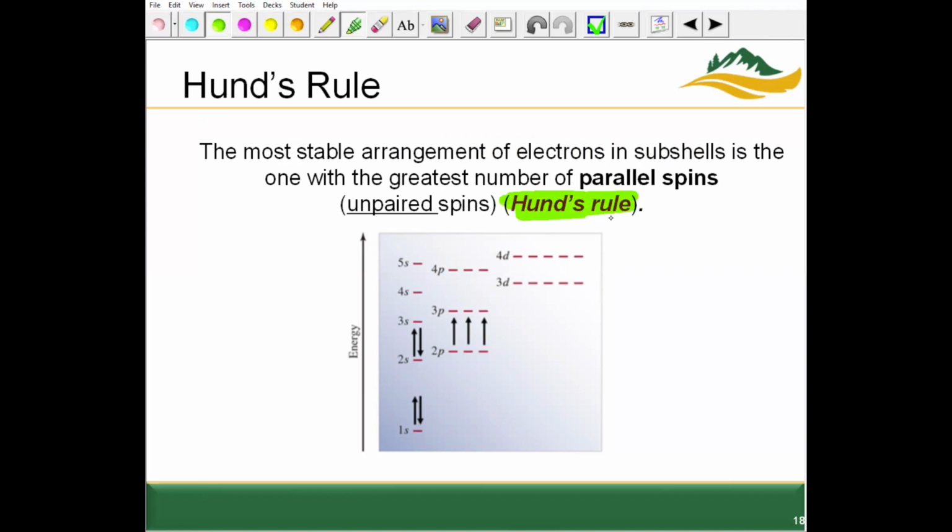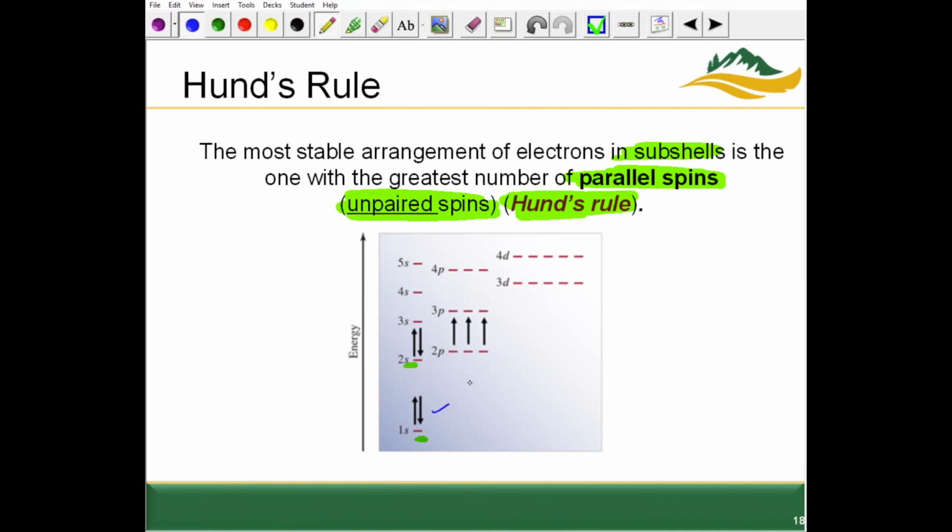The most stable arrangement of electrons within subshells is the one with the greatest number of parallel spins. In other words, we want to only pair up electrons if we have to. Otherwise, we'll do as many unpaired spins as we can.